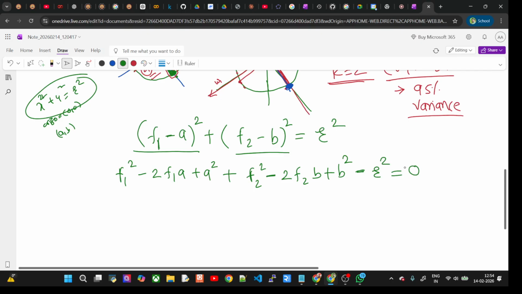I just solve this square, which is the normal thing we generally do. f1 square plus f2 square minus 2 f1a minus 2 f2b plus a square.